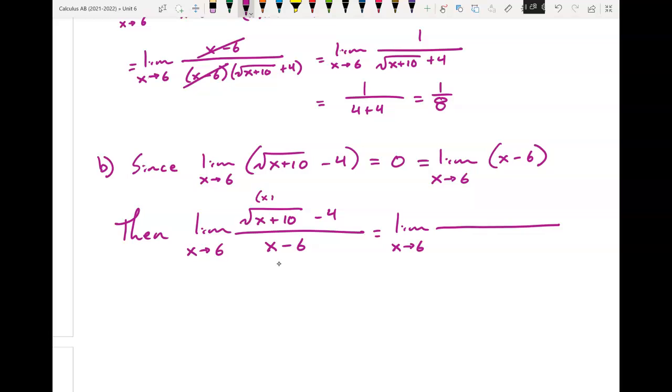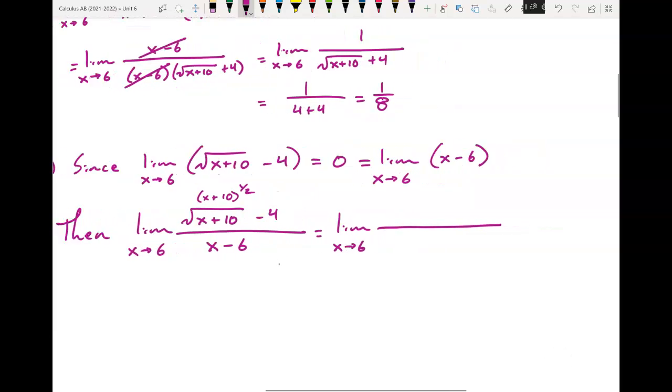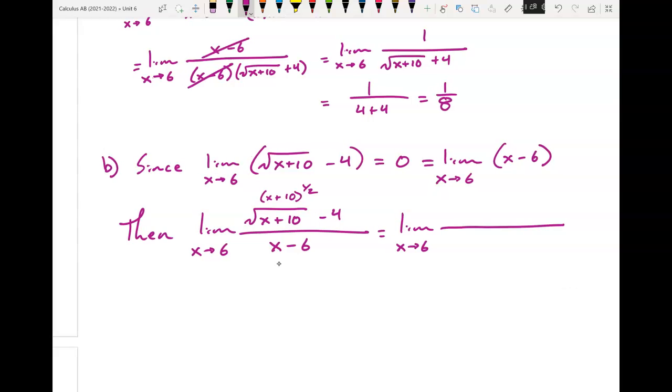So if this is x plus 10 to the 1/2 power, my derivative should be, using our power rule and chain rule, 1/2 of x plus 10 to the 1/2 minus 1, so that'd be negative 1/2. And we would times it by the derivative of the inside, but the derivative of the inside is just 1. So then I can say minus 0 because that is now gone. And the derivative of the denominator is just 1.